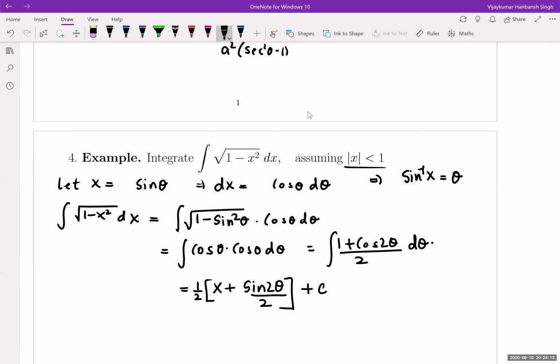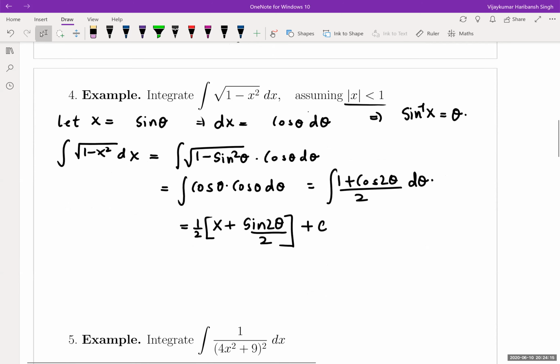So this becomes half theta plus sine 2 theta divided by 2, which is going to be sine theta times cos theta. My bad, this is theta, right? Nobody corrected me. Theta plus sine theta cos theta plus c.